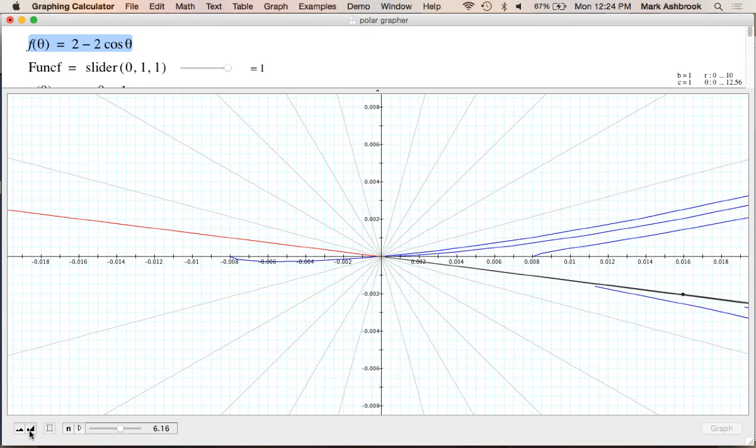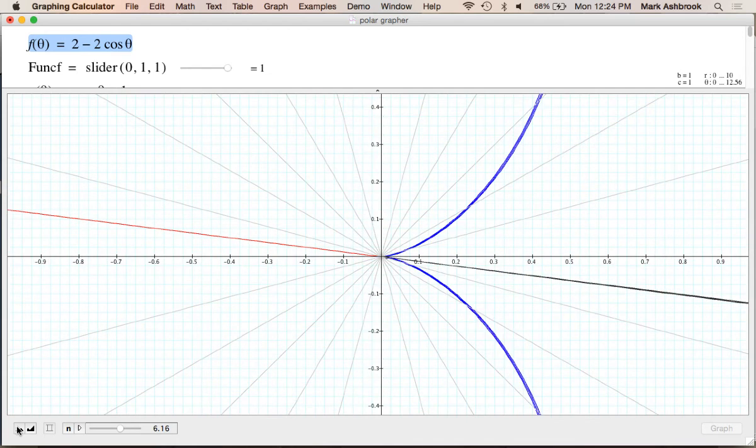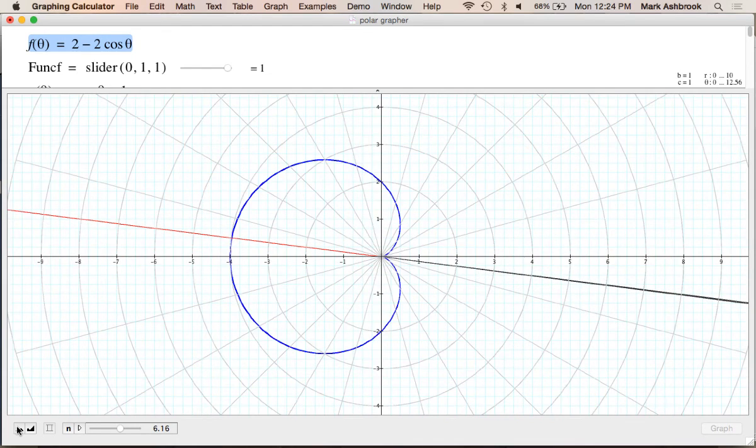GC's having trouble. But we can see that it's not coming in at an angle. When you get to 0, it's going to flatten out and be horizontal. That's the way I've graphed it to make it thicker.